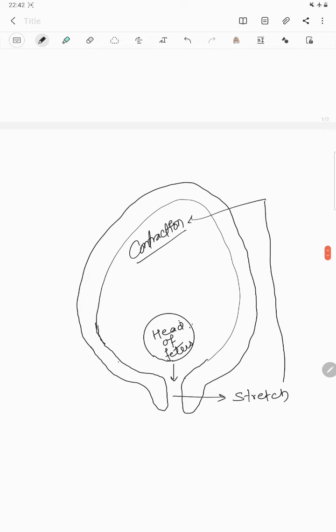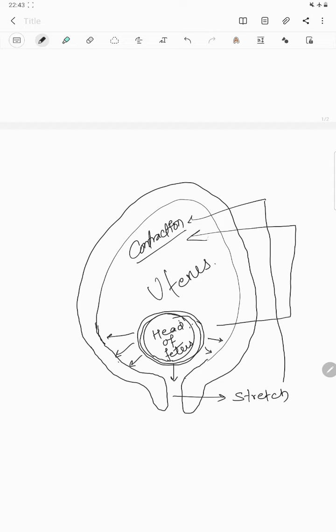So this is the uterus, and this is the head of the fetus. Now, as it grows inside the uterus, its size increases, and it stretches this uterus, which is a stimulant for the contraction of the uterus.